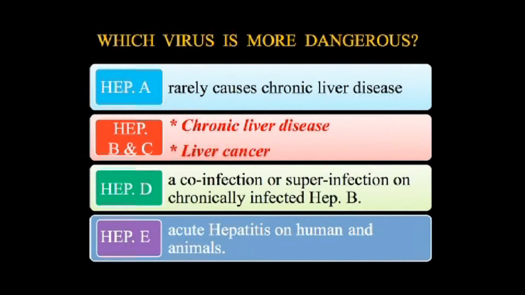So D cannot cause a problem by itself, but has to combine with virus B to cause liver problems. And finally, E is very important because E causes more acute problems in pregnant women and usually causes high mortality. It can also cause hepatitis in human beings and animals such as deer, which can have liver problems as well, like human beings.